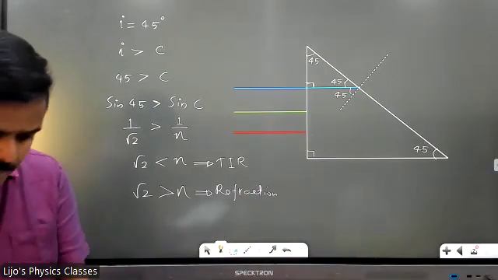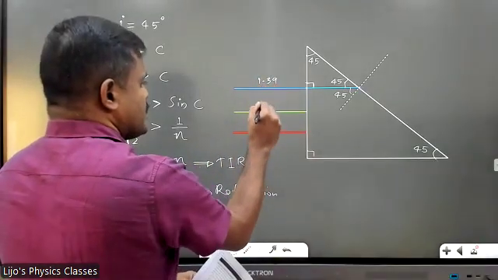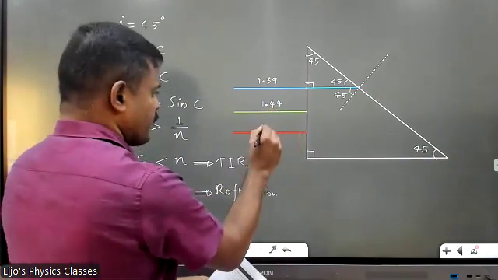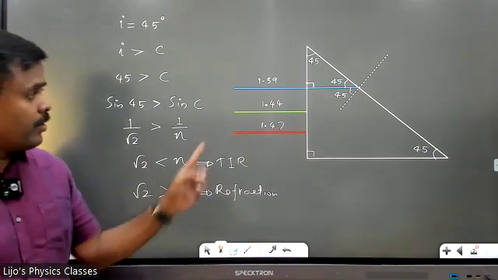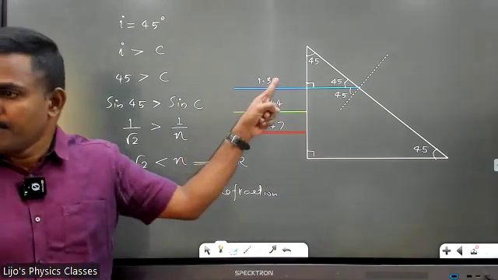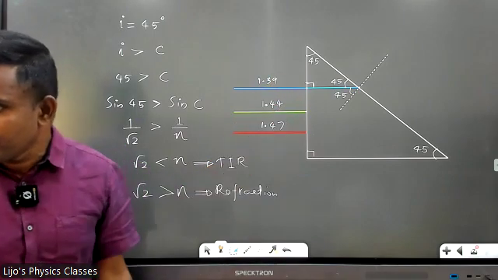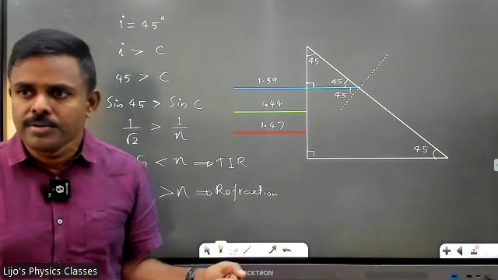First color was 1.39. This is 1.44, 1.47. Okay. So, tell me about blue now. Refractive index is given as 1.39. Is it less than or greater than root 2?